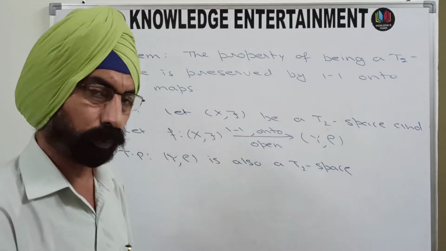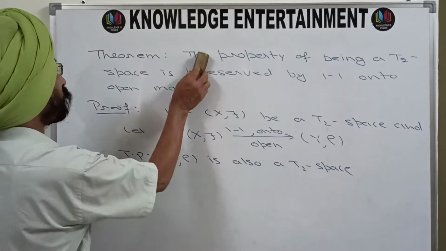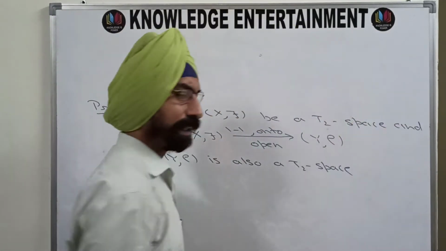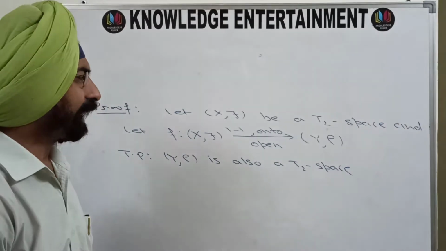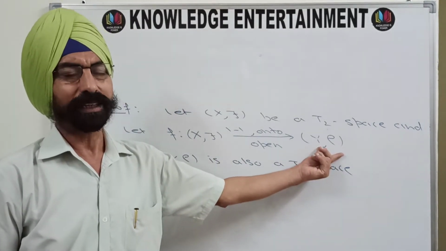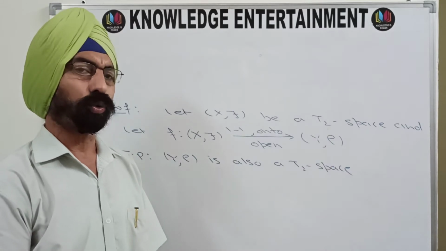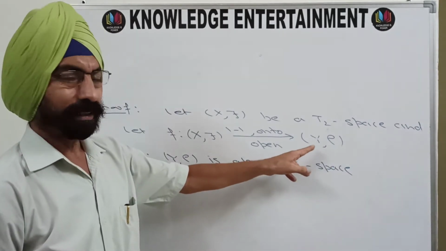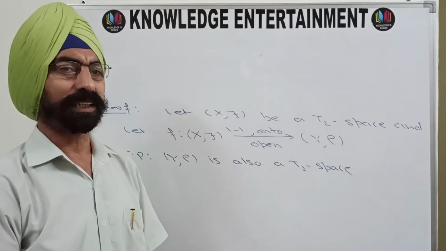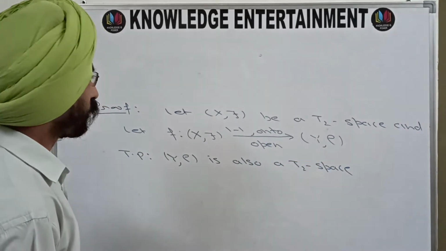And now we will move on to the proof. To prove that it is a T2 space, we will have to take two distinct points from Y, and we will have to find two open sets containing one of the points each such that their intersection is phi. So let us start.